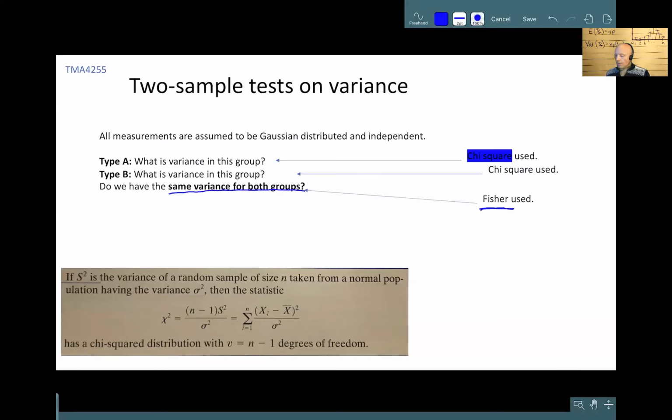So the chi-square distribution is indicated here at the bottom. It's on the positive side, so variances are always positive. The chi-square distribution will look something like this.